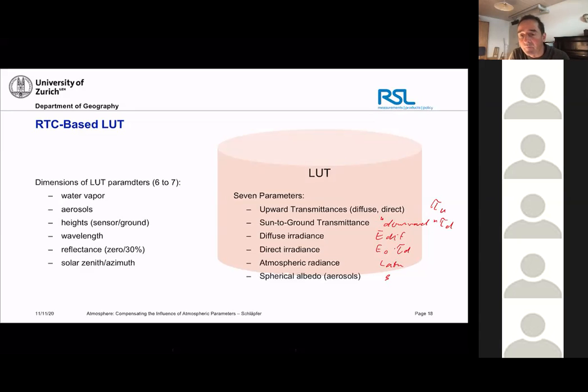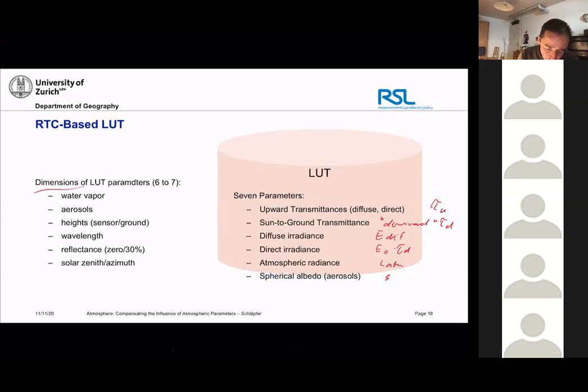Each of them is related to geometry and wavelength, for instance. So each of them is not a constant by itself. They have to be related to various parameters, and these are the so-called dimensions of the lookup table. We have the water vapor.